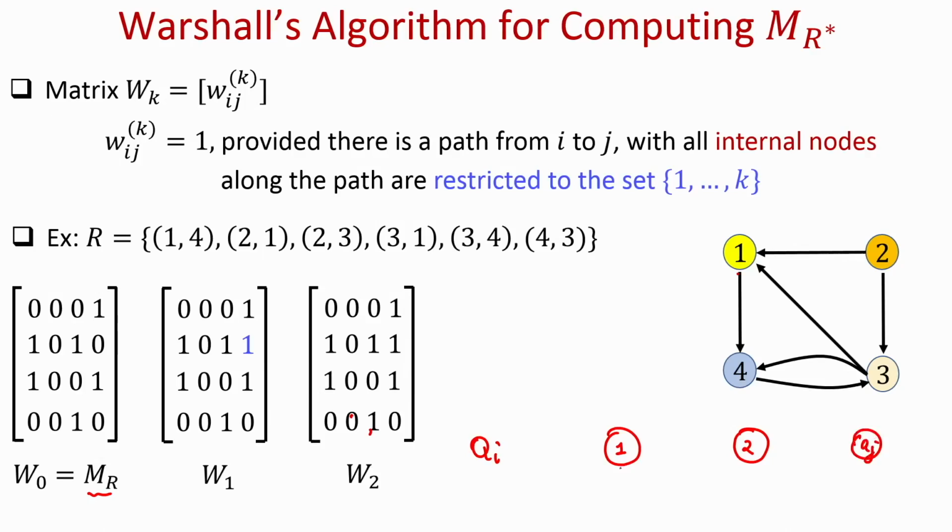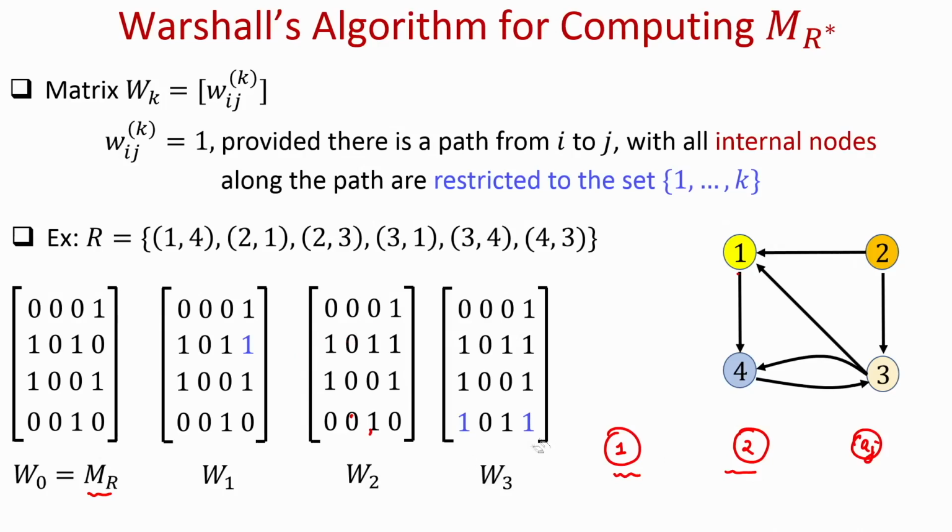It turns out that the status of any i comma j pair does not change when I go from W1 to W2. But when I go from W2 to W3, the status of the entry 4 comma 1 changes. The 4 comma 1 entry was 0 in the previous matrix, but now it becomes 1 when I allow node 3 as well as a possible intermediate node.